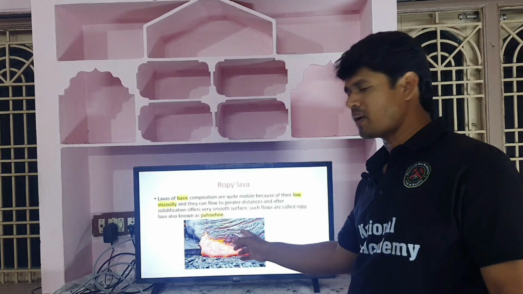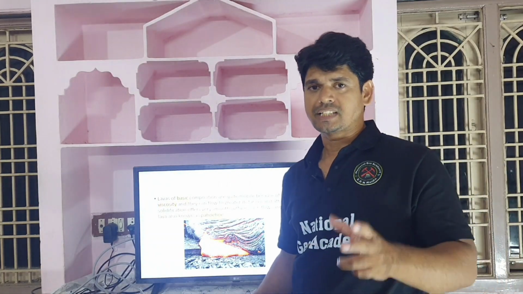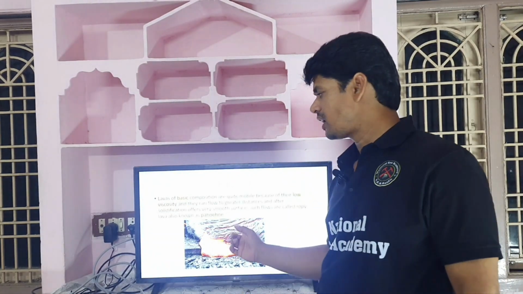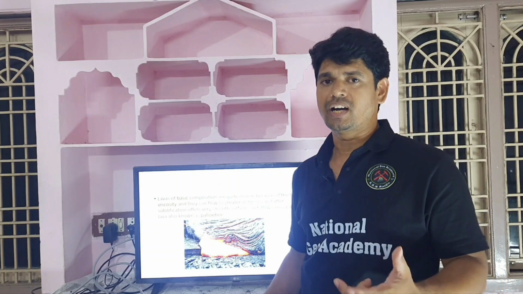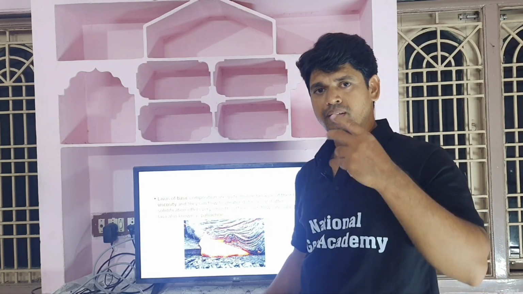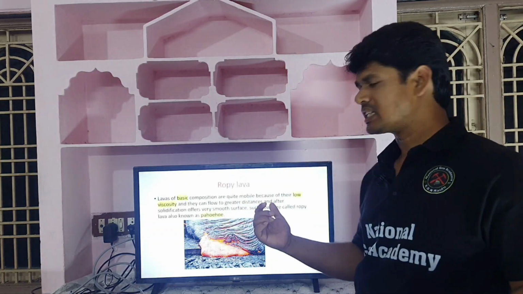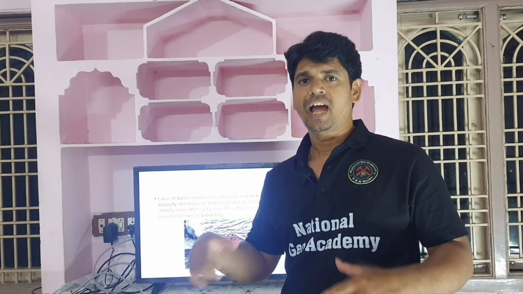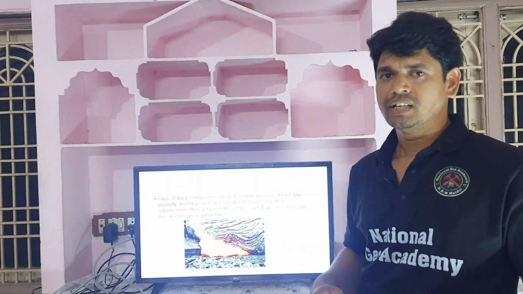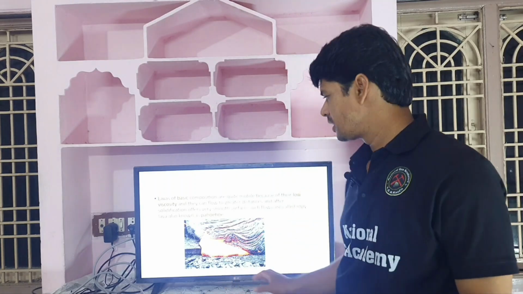In this diagram you can observe the rope-like structures, so we call it ropey lava. Hawaiian native speakers gave another name for ropey lava, pahoehoe.